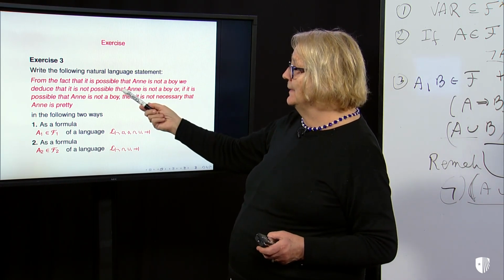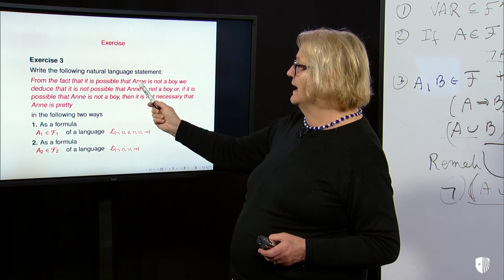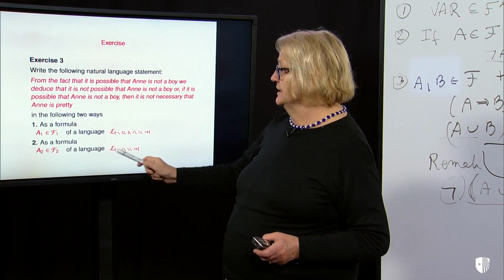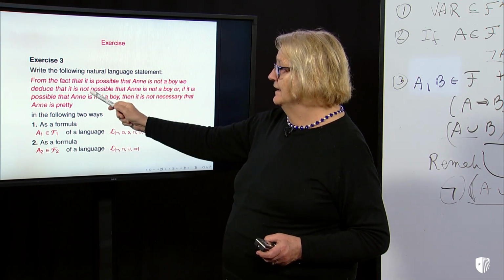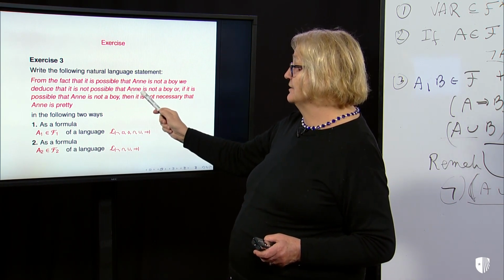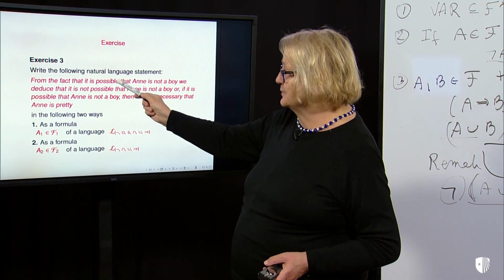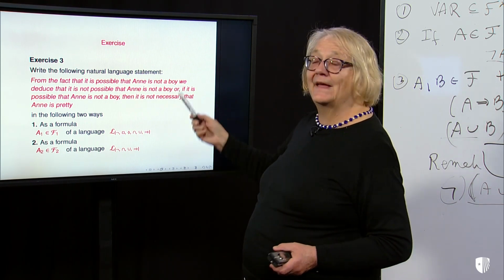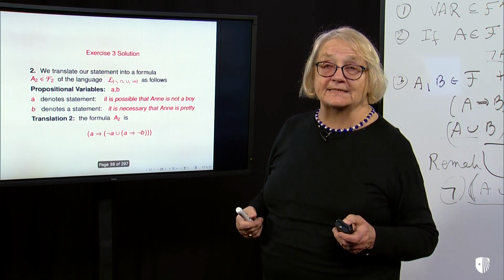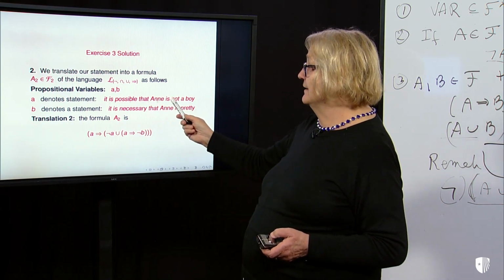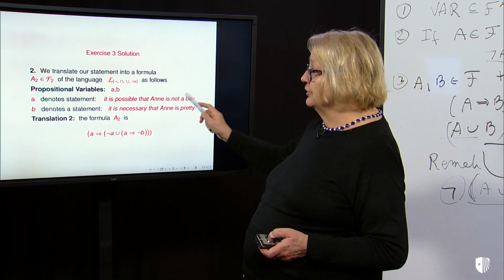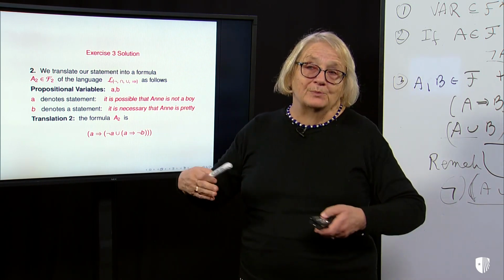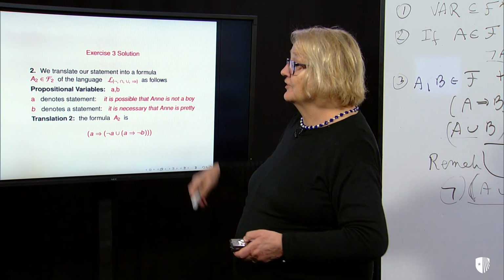So your basic statement would be: possible that Ann is not a boy. Not is in our connectives, so that would be possible that Ann is not a boy. Of course, I did it on purpose, because you can see that this sentence is the same as that. So that would be your first basic statement: it is possible that Ann is not a boy. Even though you have not inside, in a language which does not have possible, the possible hides what is inside.